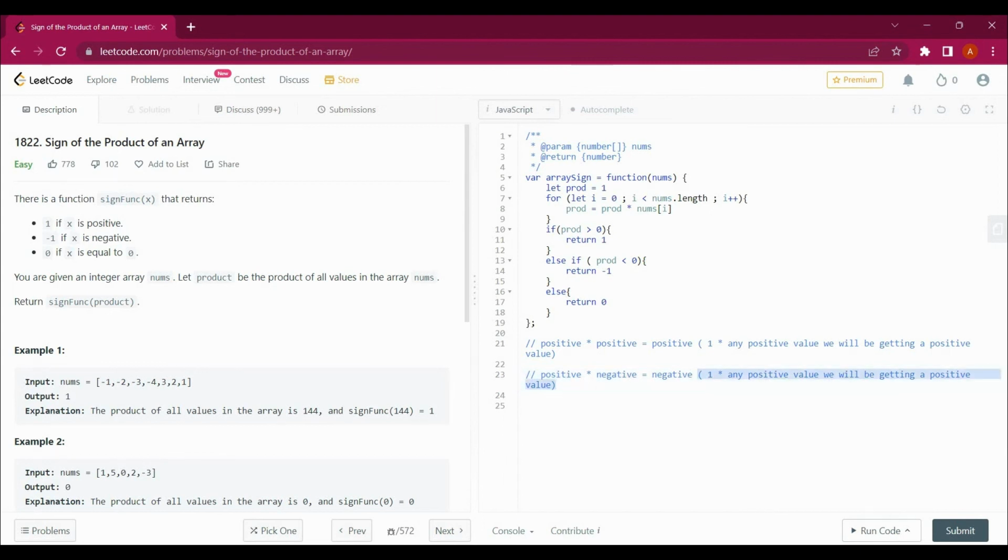Okay, so positive into negative will give us negative, and negative into negative will give us positive. And one last thing, any positive or negative multiplied by 0 will give us 0.